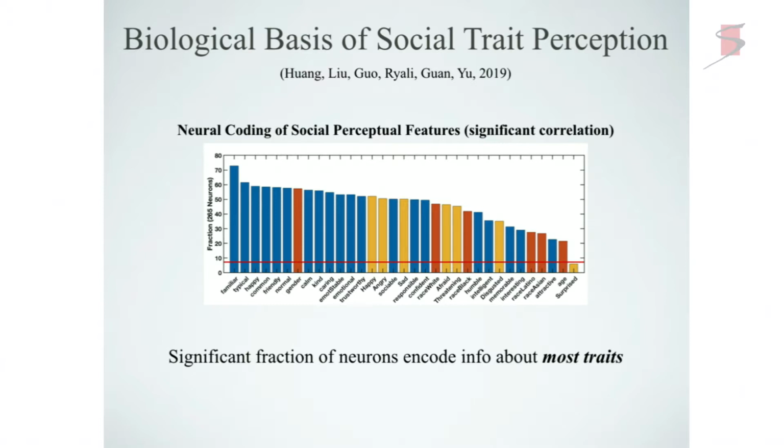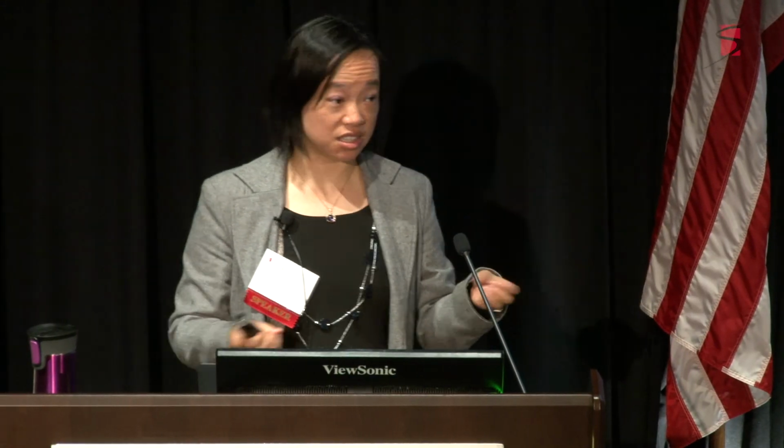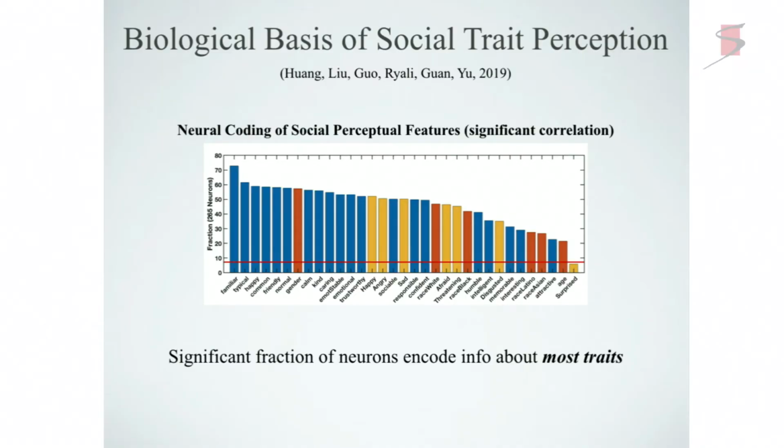So above that red line means that there's a significant fraction of the neural population that does encode that trait. So in fact, most of the social traits that we considered, whether it's personality impressions or demographics like gender, race, or age, and then orange is the emotional expressions, all of these things seem to have encoding in the monkey face patch areas.